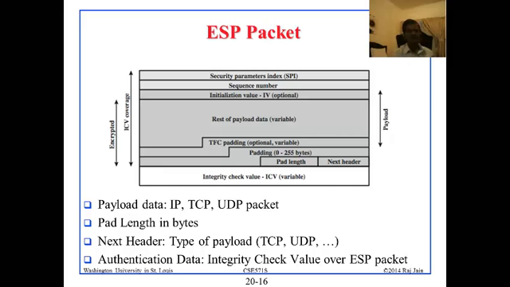So you can make all packets large, and nobody can distinguish a request from a response or an acknowledgement. TFC padding is used for that purpose. The regular padding is simply to make everything a multiple of 64 bits.